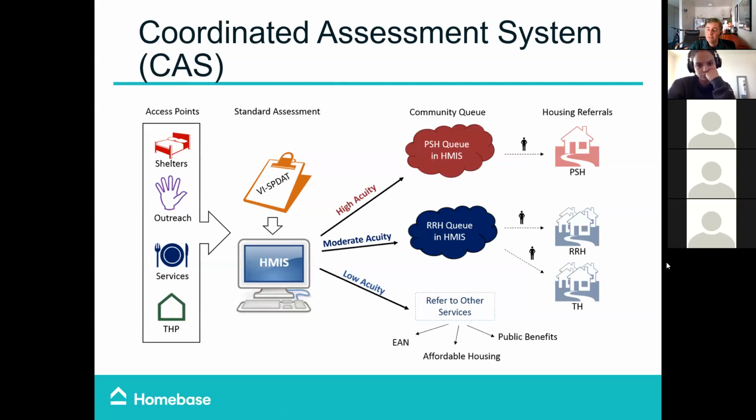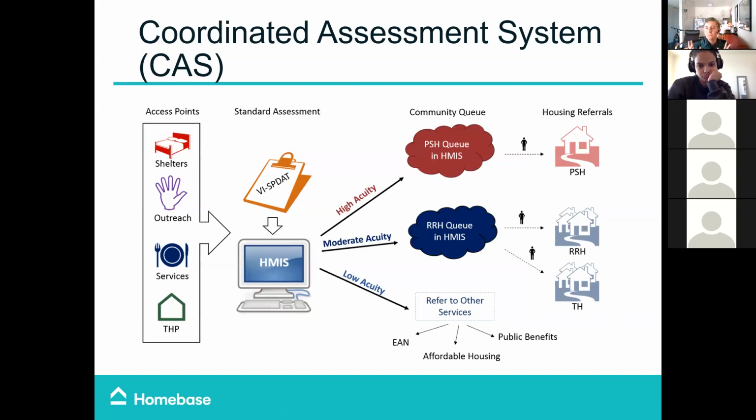So the key things about coordinated assessment are it needs to know everybody who needs housing support and is asking for housing help. And it needs to know all of the housing that is available so that it can create a streamlined system for connecting those two pieces, the people who need the housing support and the housing projects.